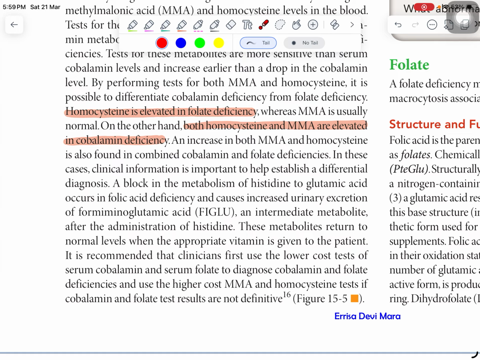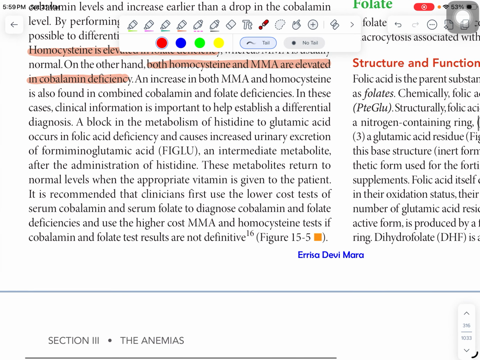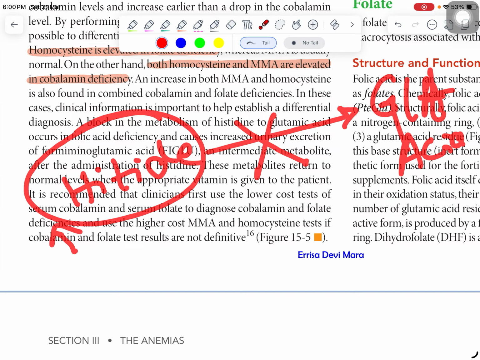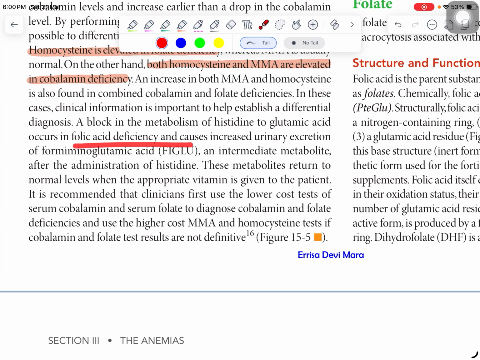A block in the metabolism of histidine to glutamic acid occurs in folic acid deficiency. Histidine to glutamic acid is blocked, leading to increased histidine in folic acid deficiency and causing increased urinary secretion of formiminoglutamic acid.